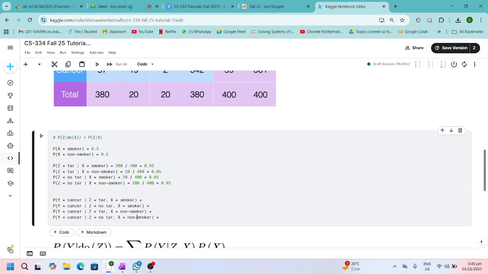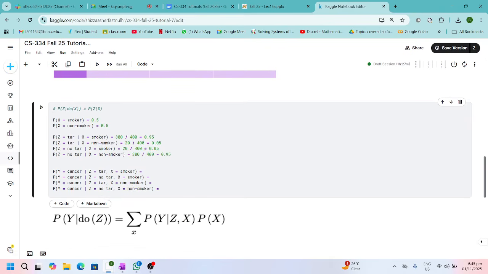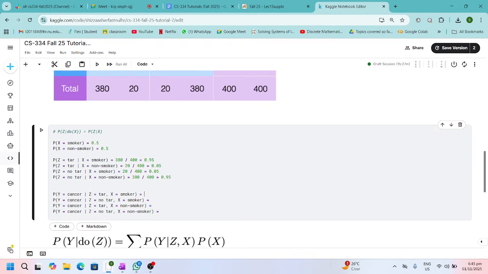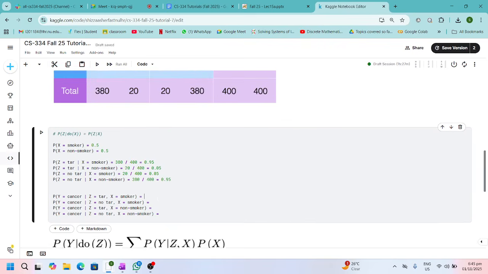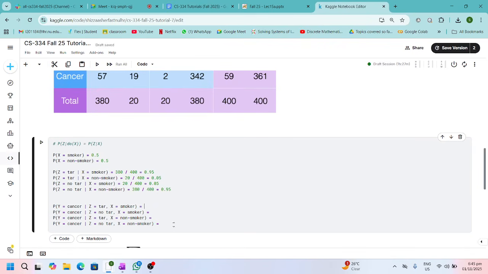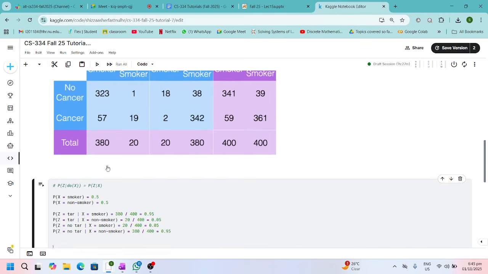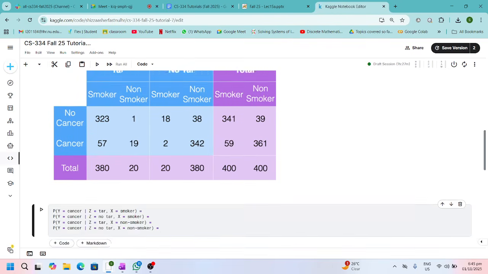And this would be non-smoker. Now we are calculating all these essential values. When we estimate these for one particular instance, we will keep multiplying these with the probability of X in the general population based on our data as well. For now, let's compute these values. Actually, this is also fairly simple. If we go back to our table, I'm just going to copy these here.